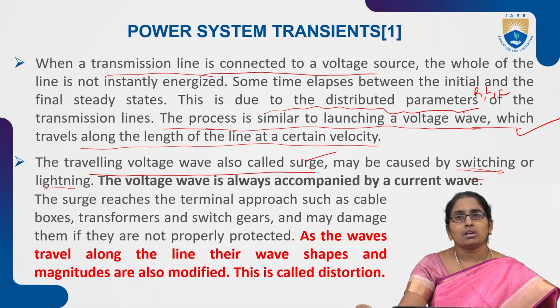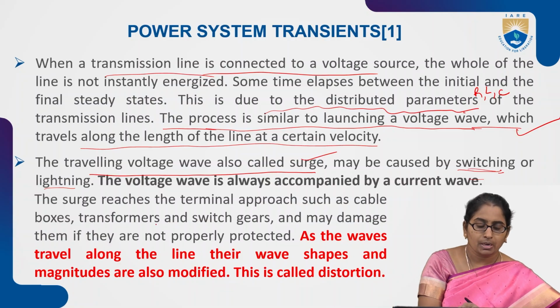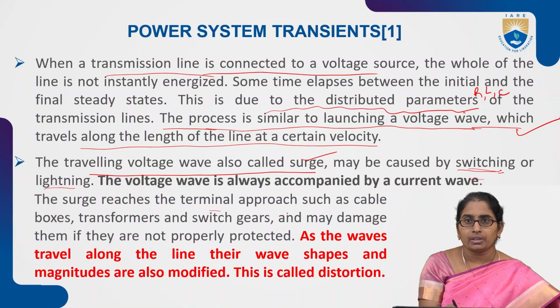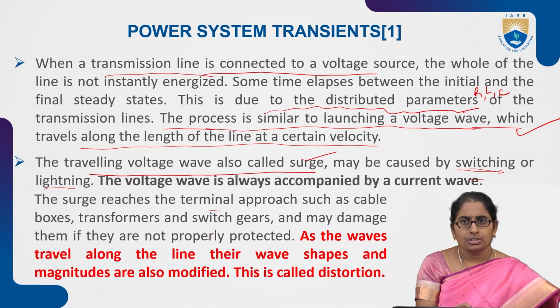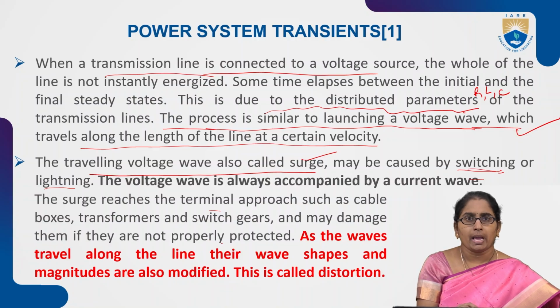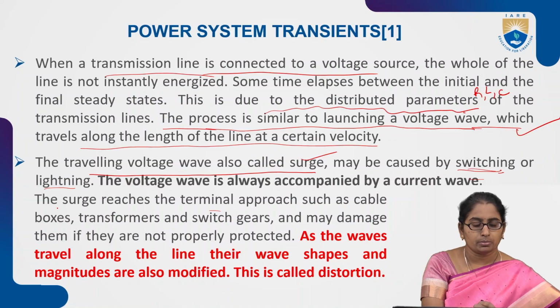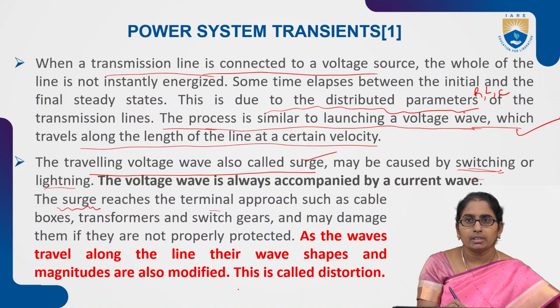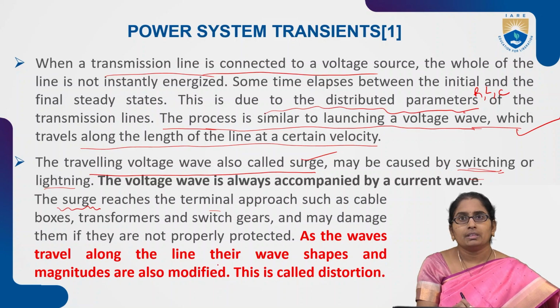Now when the surge reaches the terminal, where generally there are cable boxes, transformers, and various switchgear equipment, they may get damaged if they are not properly protected from this surge.